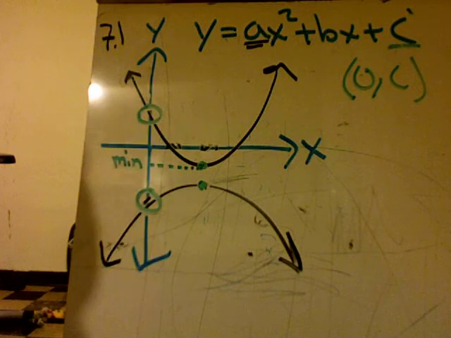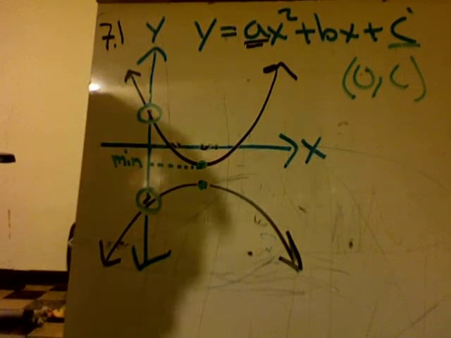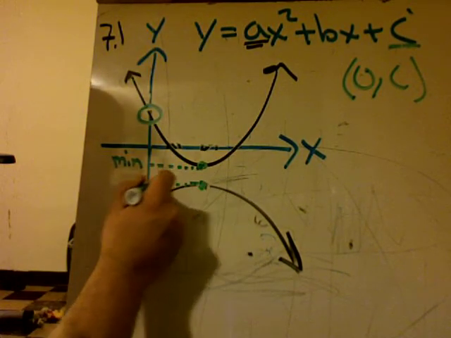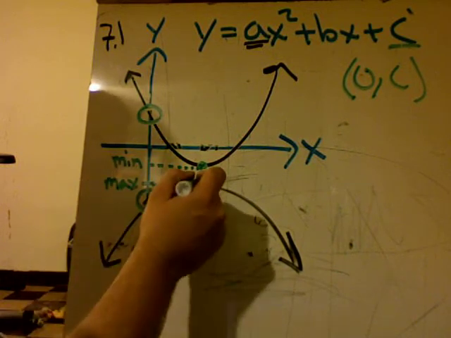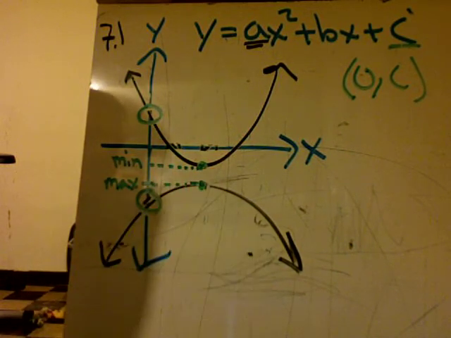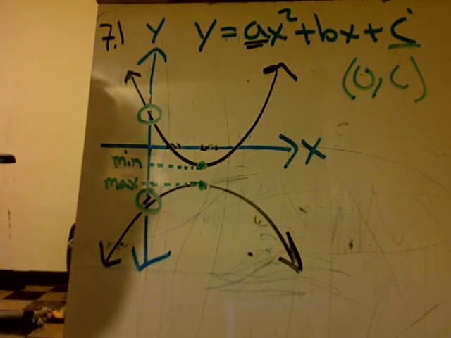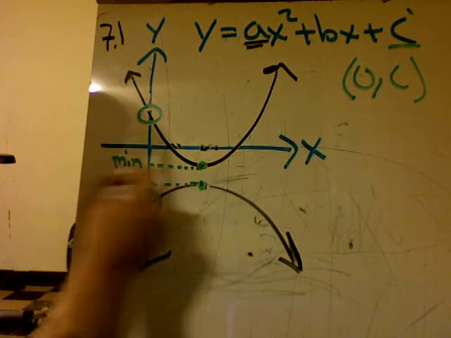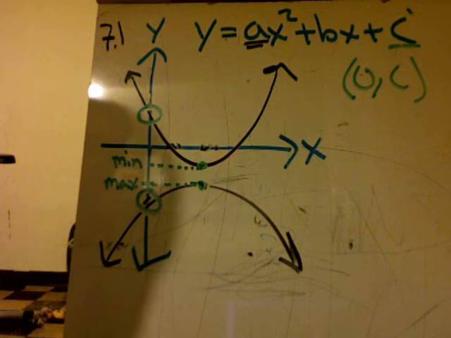Okay? Now if we're talking about a parabola that has an a value that's negative, in other words it's pointing down, the vertex turns into a maximum. Because that becomes the maximum height you will ever reach according to the y-axis. Okay? So you can never be taller than that vertex of a maximum.